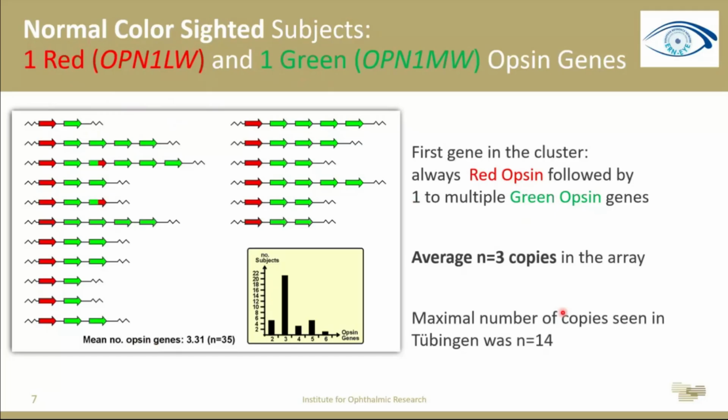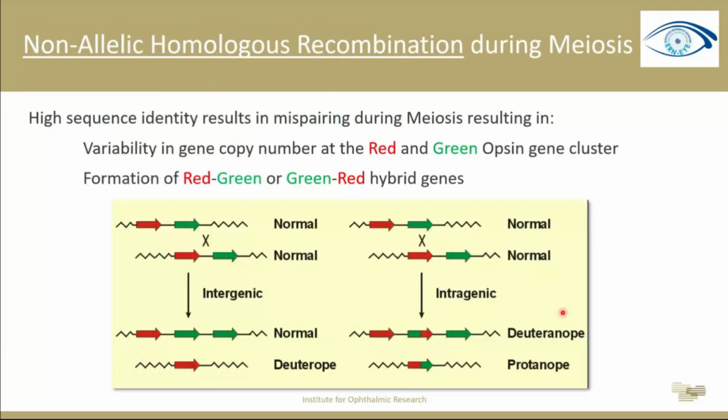And thinking of the sequence identity, this brings some problems about, meaning there is non-allelic homologous recombination during meiosis, where the clusters from the 2 chromosomes mispair. If such a mispairing and a recombination takes place intergenically, so between genes, this can result in the loss or gain of gene copies. And if this happens within a gene, so intragenically, this results in hybrid genes.